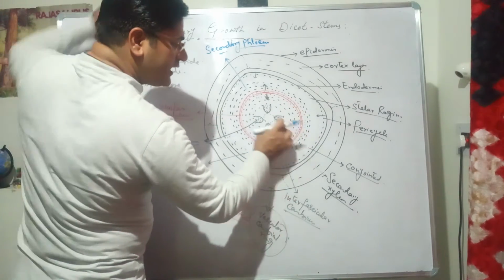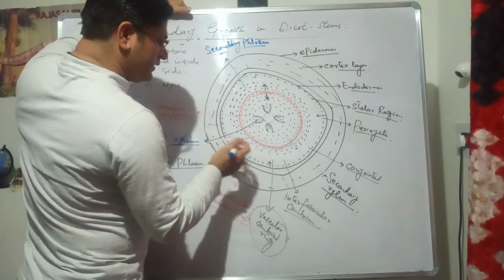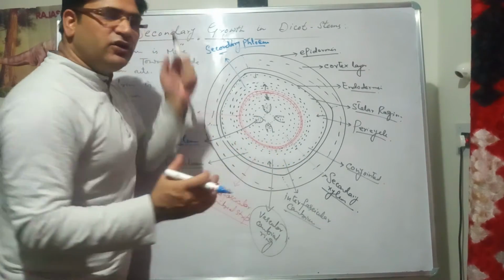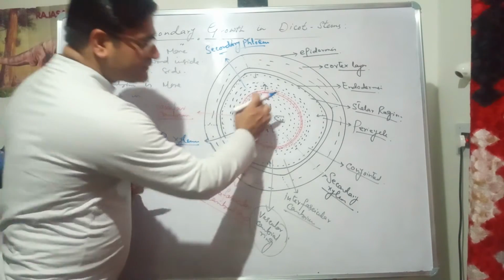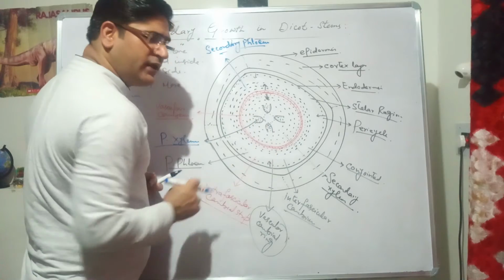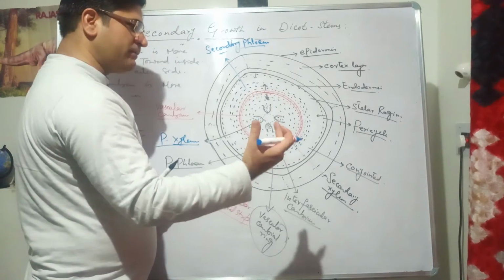Now if we take a vascular bundle, what was earlier in the vascular bundle? Earlier the vascular bundle was having only primary xylem and primary phloem. Now after the vascular ring has been formed, it has separated the primary xylem and primary phloem.